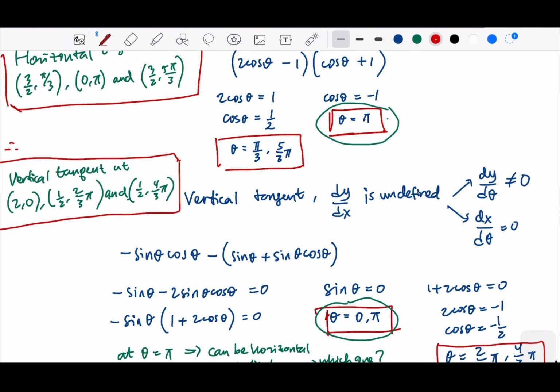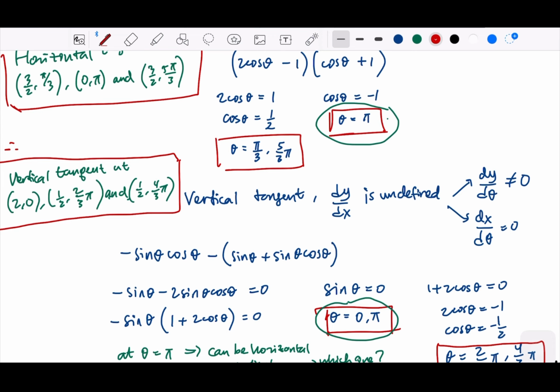Same thing with vertical, and we take the definition for vertical tangent: dy/dx is undefined. Remember, the tangent is going to be vertical, which means that it's actually infinite, so undefined. So we take dy/dθ is not zero and dx/dθ is zero, so it's something divided by zero, which is infinite.